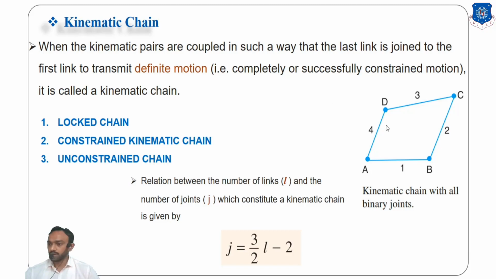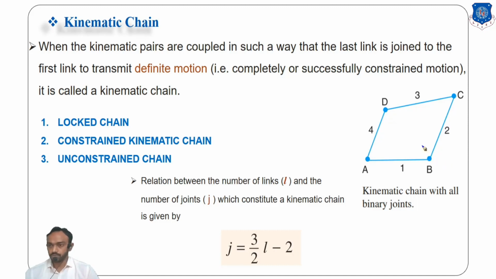How can we count the joints? Link number 1 and link number 2 are connected here, so that is joint number 1, joint 2, joint 3, joint 4. This mechanism has 4 joints and 4 links.